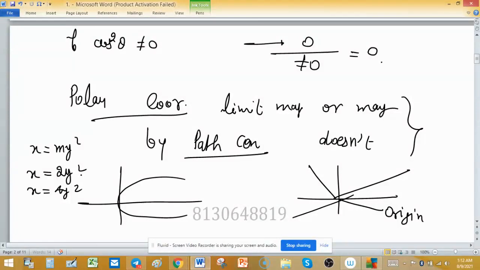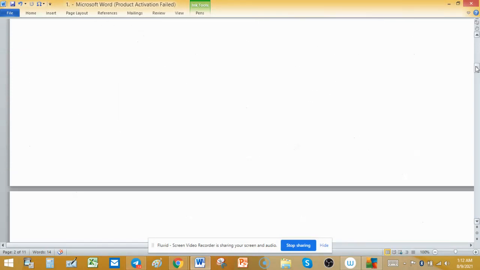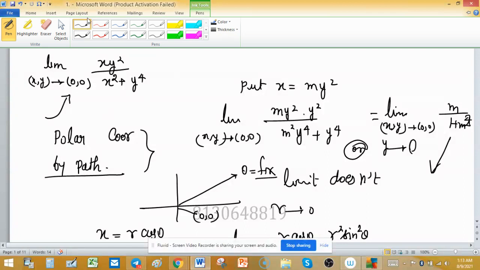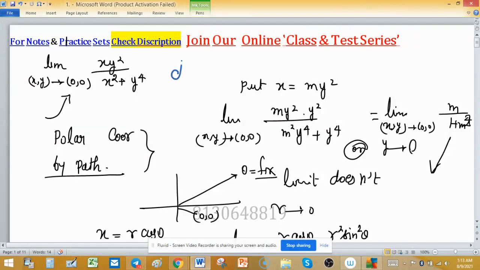So by the path concept we can say the limit doesn't exist, and using polar coordinates it seems the limit exists, but not really, because we only considered straight lines passing through (0, 0), not curved paths. So the limit of this expression doesn't exist.